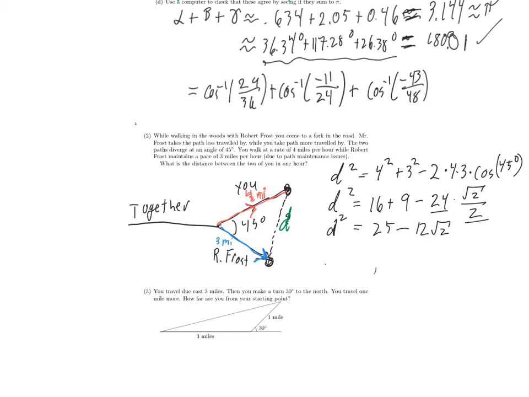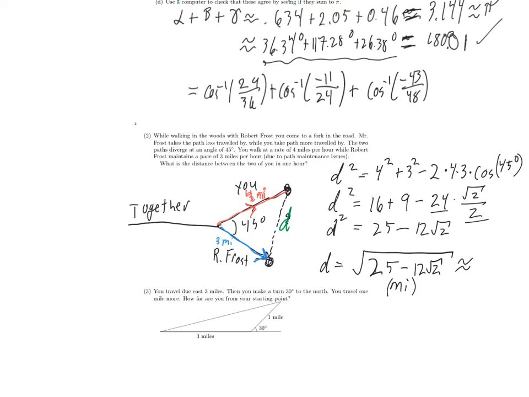And, well, this is what D squared is. If I want to know what D is, I just take the square root of both sides. D is equal to the square root of 25 minus 12 times the square root of 2 in miles. Let's approximate that. Let's use a computer to estimate what that is. So using a machine, you don't need to see what I'm typing in, I don't think, at this point.